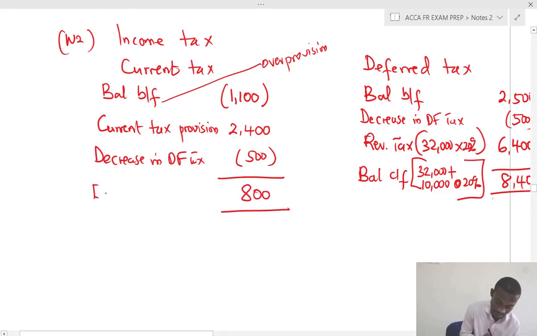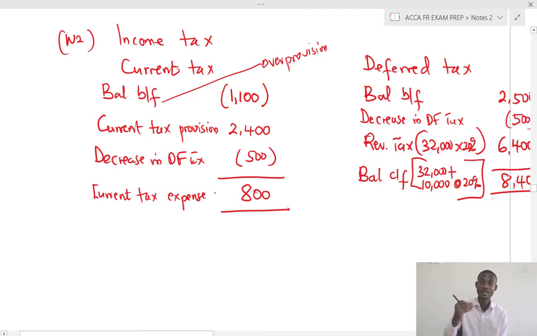Then the balance on the deferred tax would also go to the financial position as non-current liability. To illustrate these on the face of the financial position extract I have above here, I would say that tax expense. So let's say this is my workings 1, and it's 800. It's an expense, so therefore you deduct from profit.